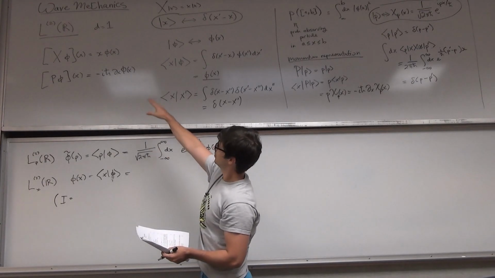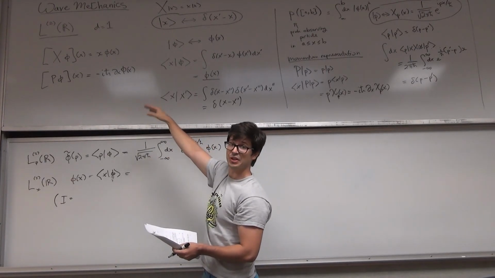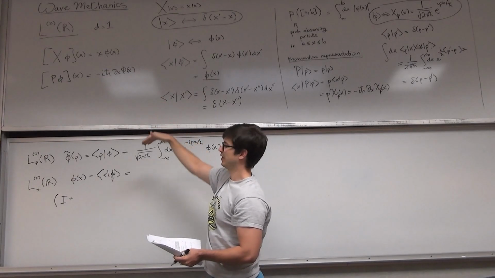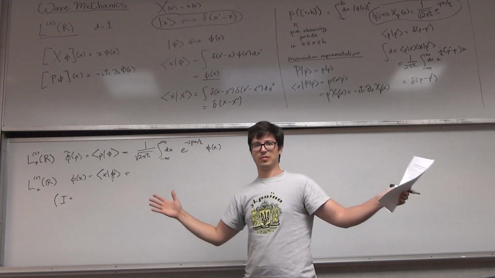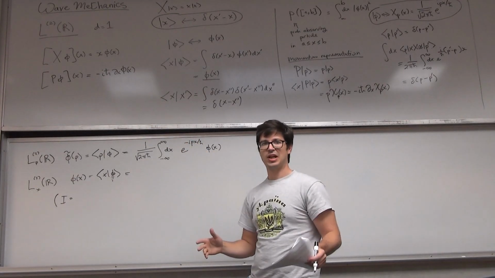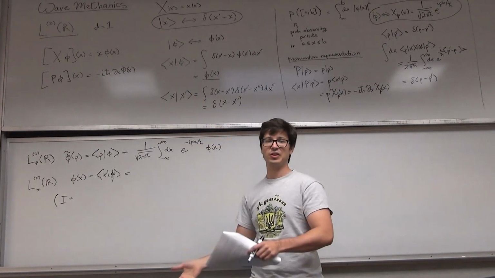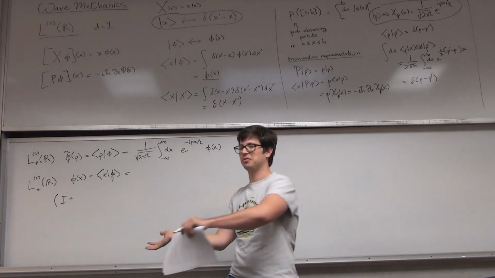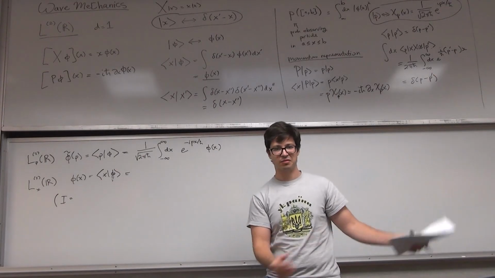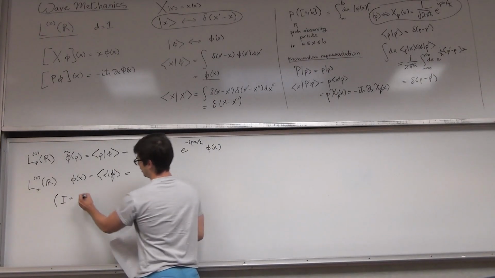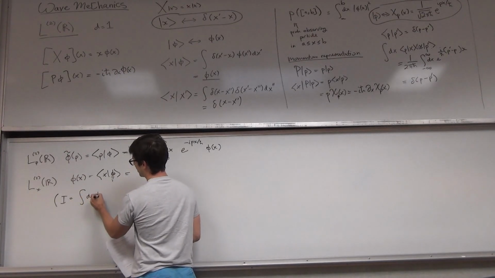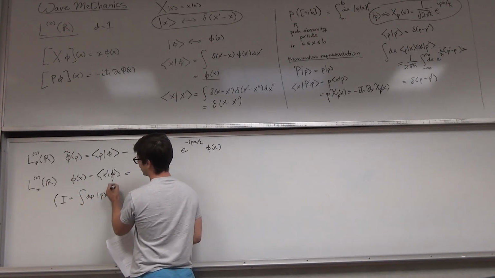These are observables, they're Hermitian operators, X and P. So they can have that Hilbert space decomposition theorem. And we know that the spectrum of both of these is just continuous. X can go from minus infinity to infinity. P can go from minus infinity to infinity. So just as there is for X, there's a completeness relation for P.